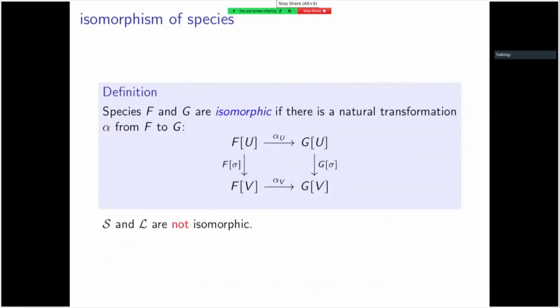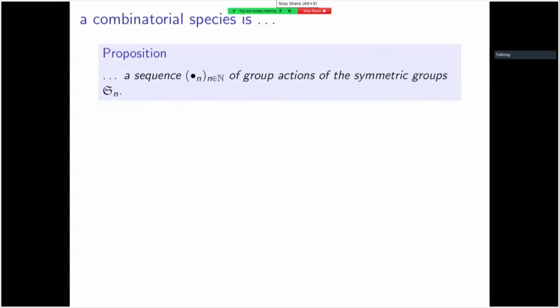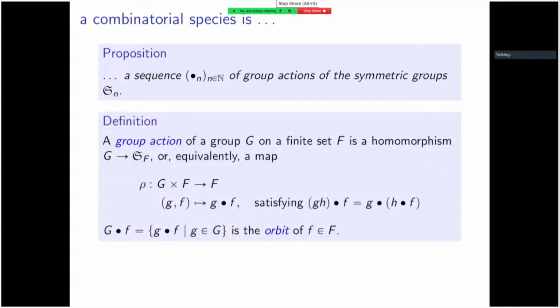Okay, and as we just saw, S and L are not isomorphic because relabeling works in a different way. Okay, and now something interesting, which I like a lot. Maybe you have seen group actions before, and it turns out a species is just the same thing as an infinite sequence of group actions of the symmetric groups. So let's recall what a group action is.